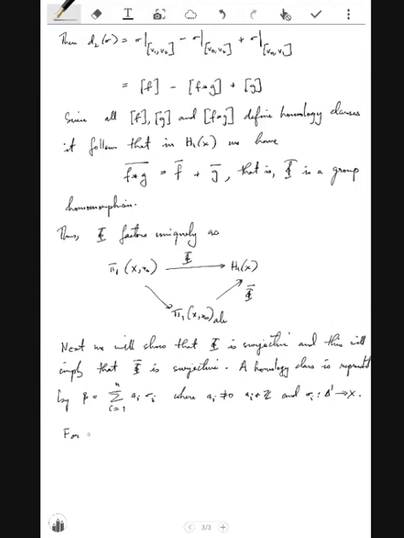For sigma from delta 1 to X, denote by sigma tilde the map given by sigma tilde of t is sigma of 1 minus t.